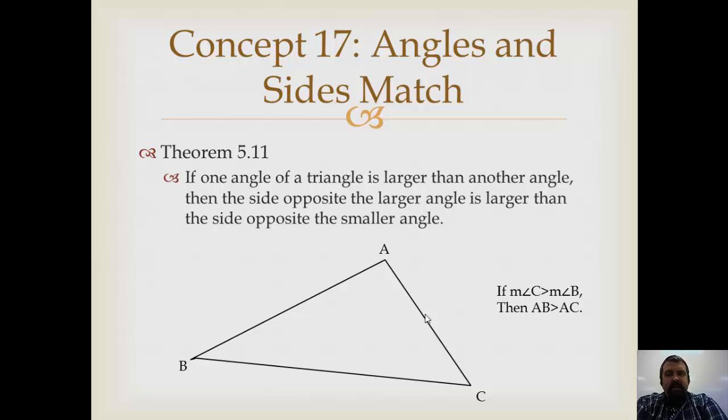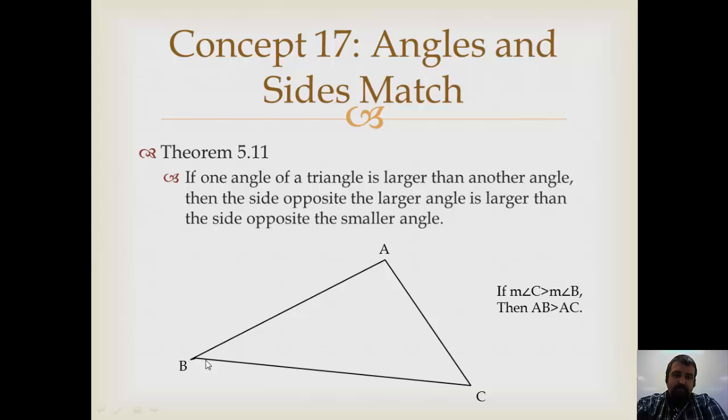This does not have a name, but you need to know it. If one side of a triangle is larger than another side, the angle opposite the first side will be larger than the angle opposite the second side. 5.11 says the opposite. If I know one angle is larger than another angle, I know the side opposite the first angle is larger than the side opposite the second angle.